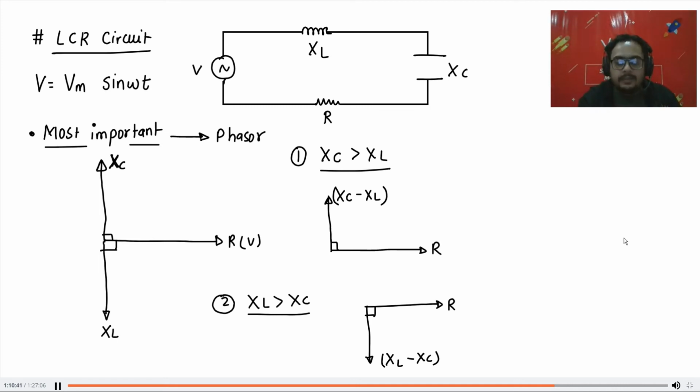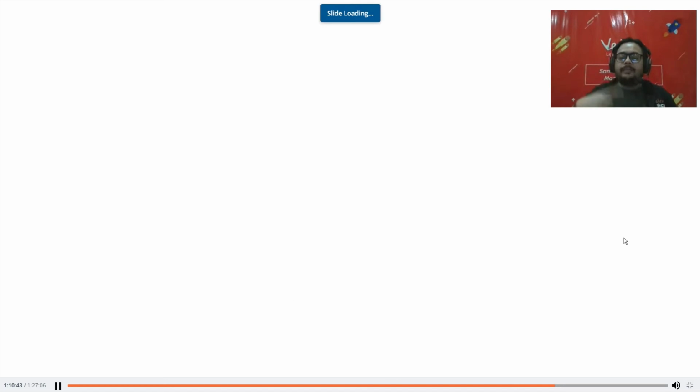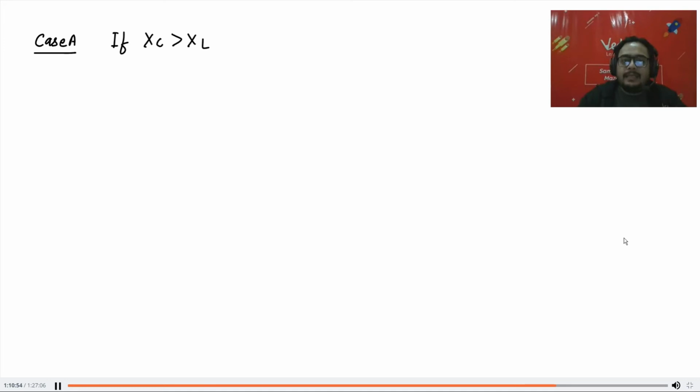Okay, so I will add another slide and explain each and every case separately. So case A, if XC is greater than XL, the phasor diagram looks like this. This is XC minus XL.